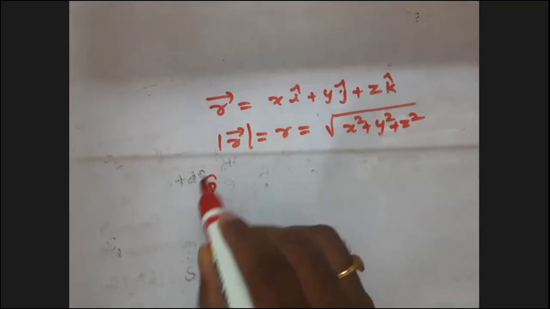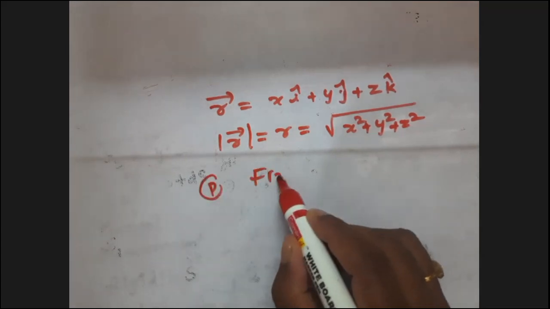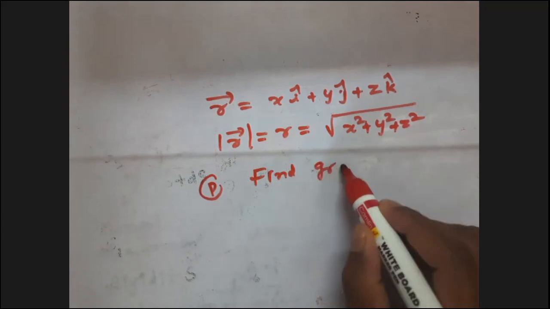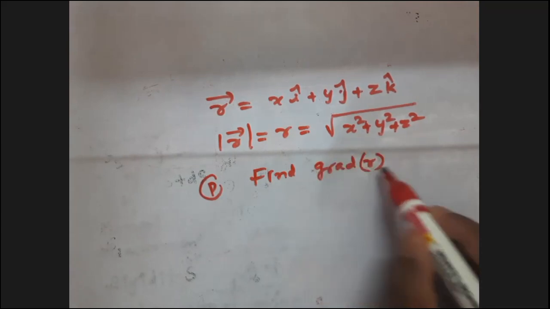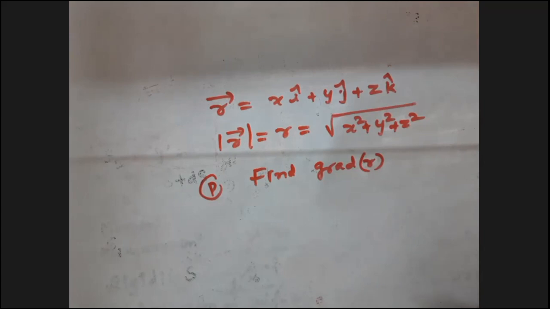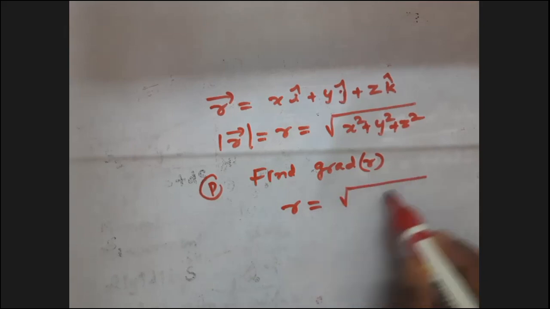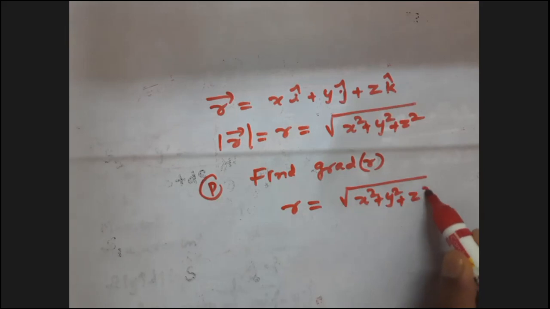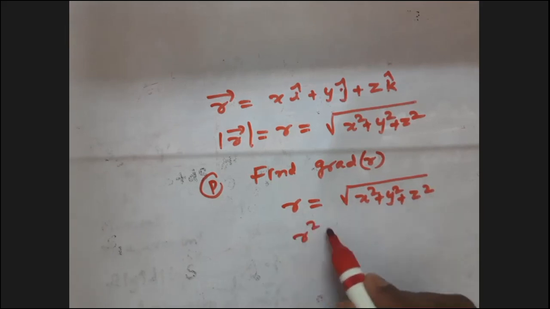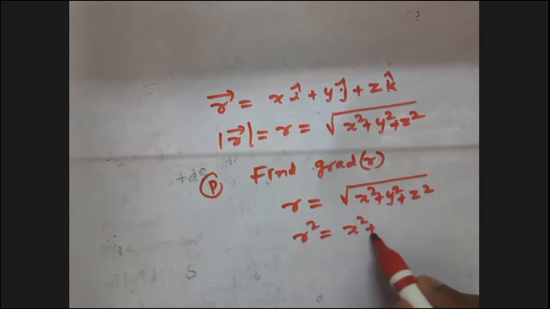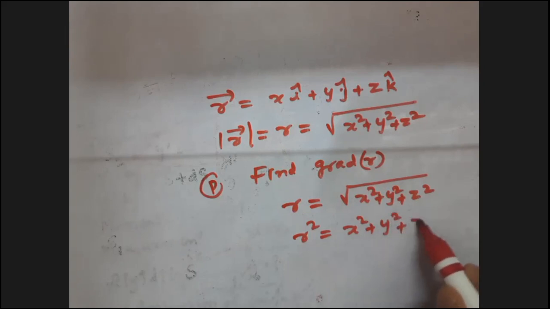Now the question is find the gradient of small r, where r bar is the position vector. If r bar is the position vector, find the grad of small r. Small r is the magnitude, right, sir? So we know r equal to under root x square plus y square plus z square, right? Or r square equal to x square plus y square plus z square.